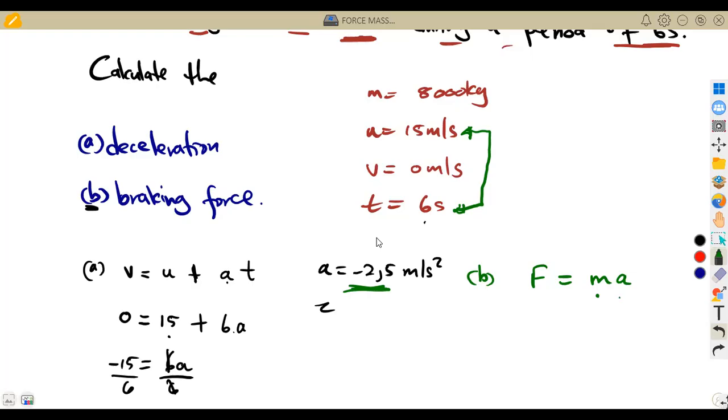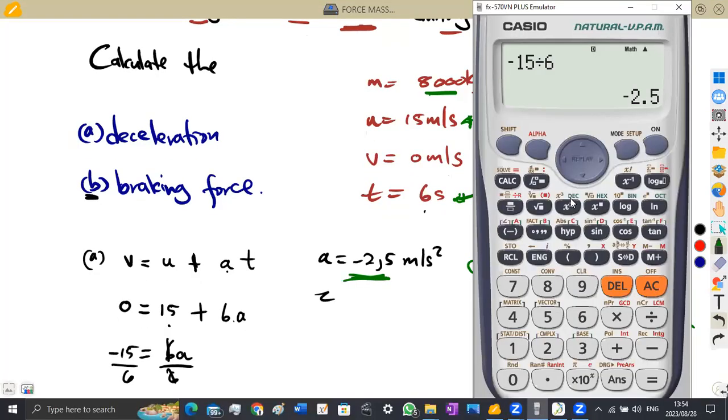That's braking. You can even write this as F braking. Our mass is 8,000, times our acceleration of 2.5, which is that negative that we had. If we multiply these two, we obtain our braking force.